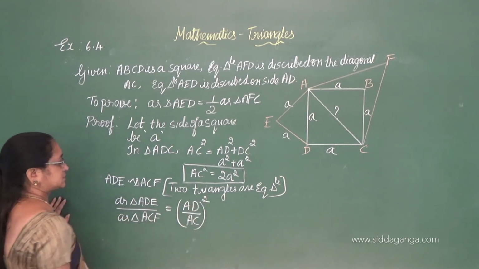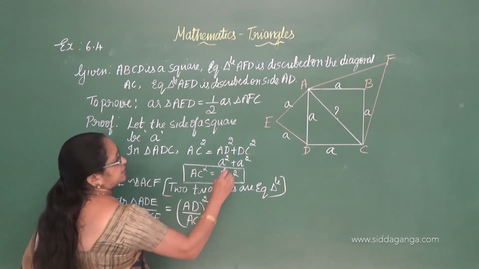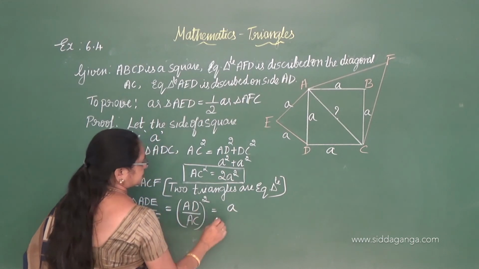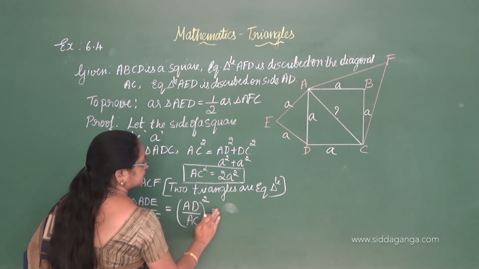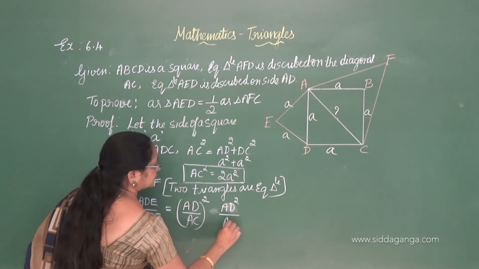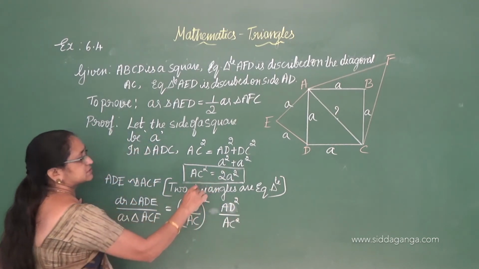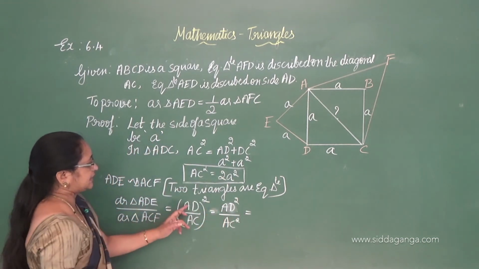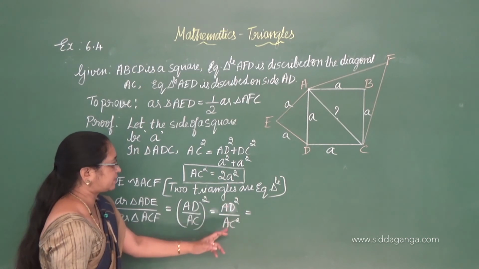Instead of taking the root and all, I am doing it like that. AD by AC whole square is AD square by AC square.